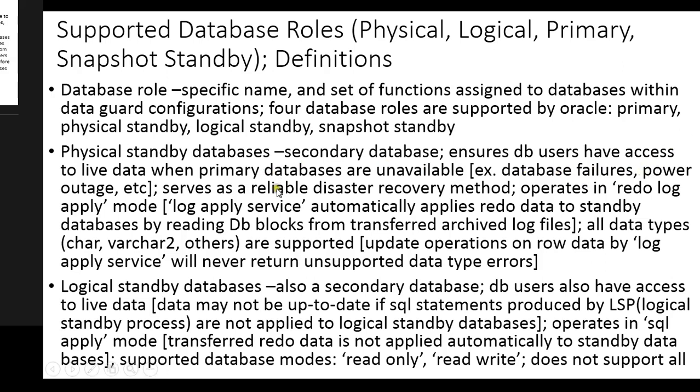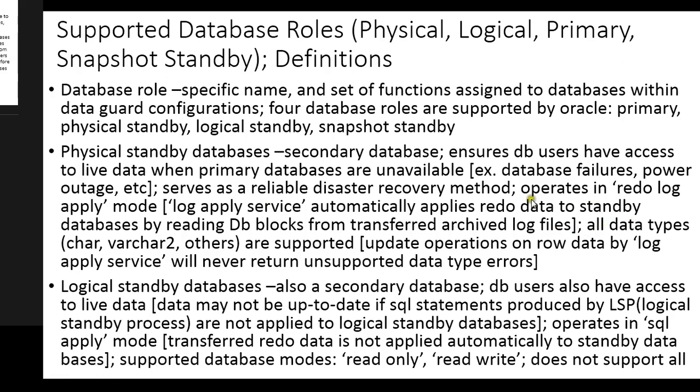Power outage. And this actually serves as a reliable disaster recovery method, and it operates in redo log apply mode. So the log apply service automatically applies the redo data to the standby database by reading DB blocks from the transferred archive log files, which is something that I mentioned previously.